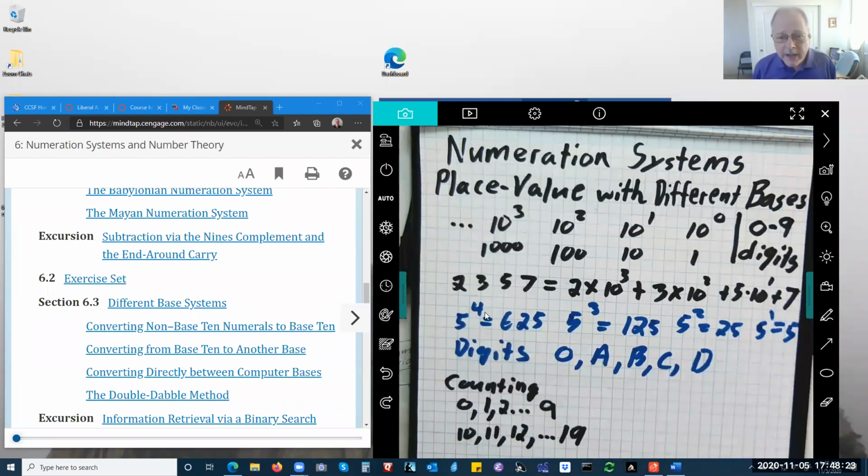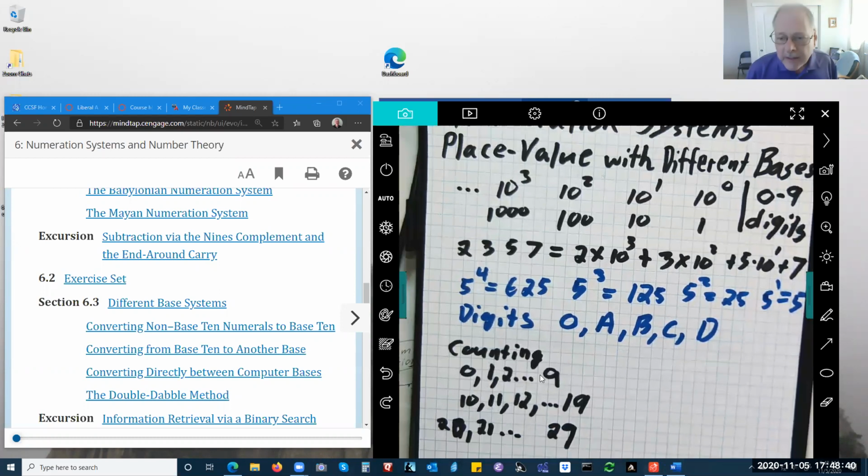You don't have any after 9, and so you start a new column. Where you had a 1 before, now you crank that up to a 2, and you keep going. And when you finally come to a 9 in the tens place, you've run out. So you add a new place, the hundreds place, and you know how it works. You've been counting all your life.